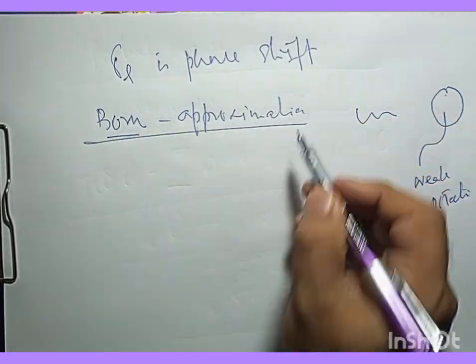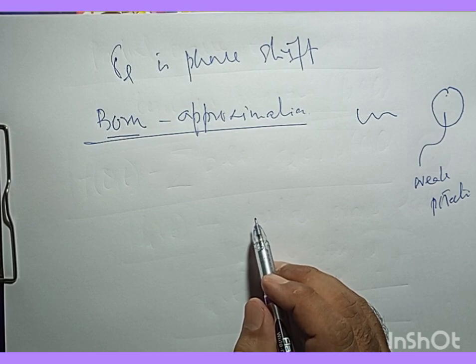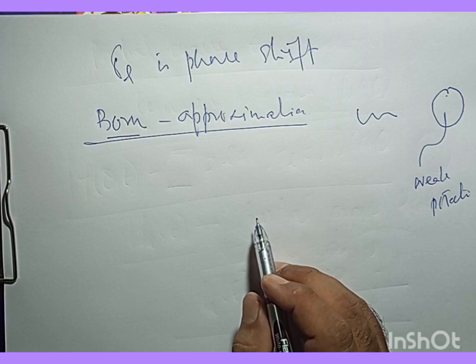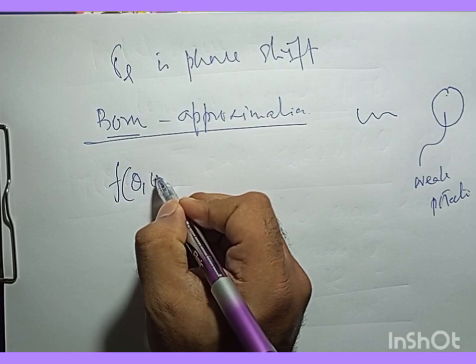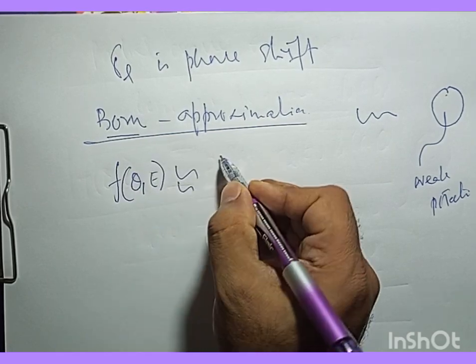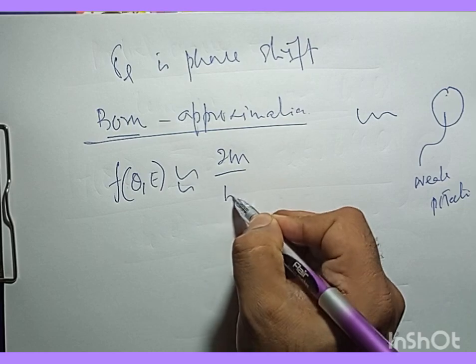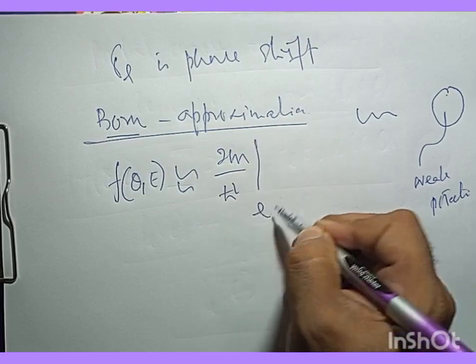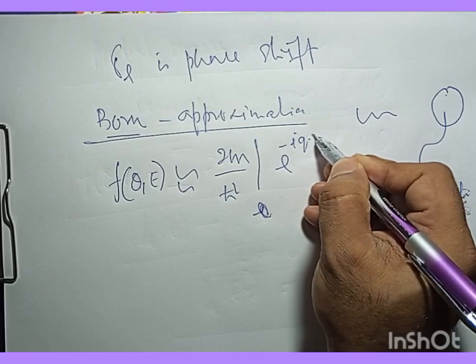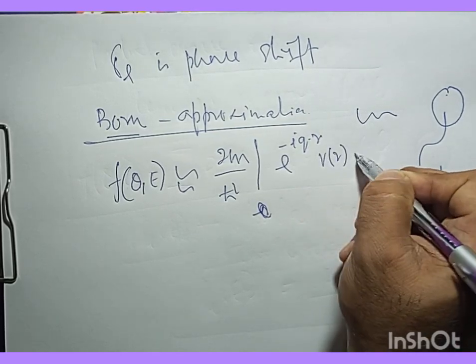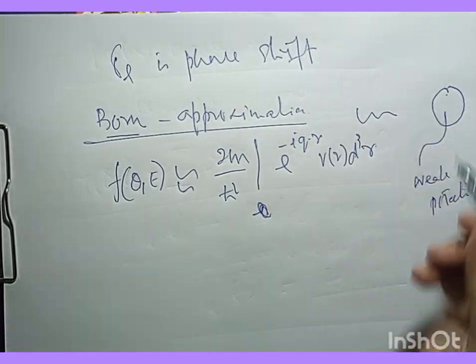scattering amplitude. And to have the first order Born approximation, if I choose the same parameters theta and E here, this nearly comes out to be 2m by h bar squared times the integral of e to the power of minus i q dot r, V(r), d^3 r.